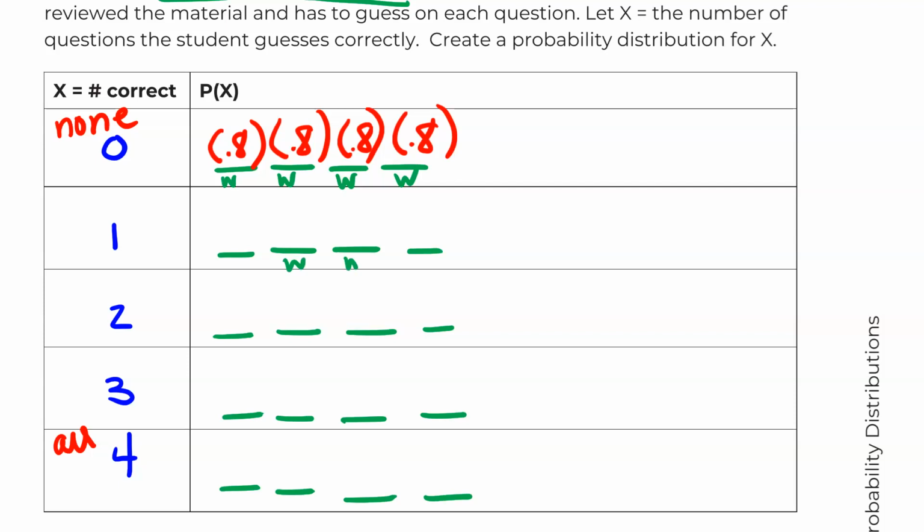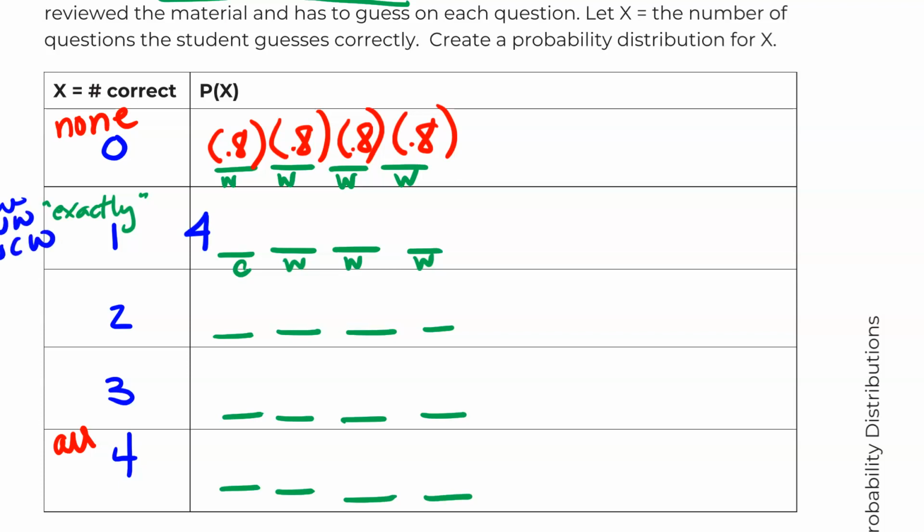So the second one, they get one of the questions correct. I am an impatient person, so I tend to make sure that the correct answer happens first. Now, if I'm smart, I remember this is that exactly one that we had back in sampling with replacement. This is the one where I needed to be clever and multiply by the fact that I could have gotten it correct, wrong, wrong, wrong. Or wrong, correct, wrong, wrong.